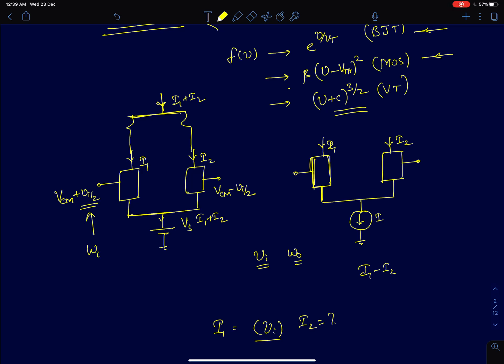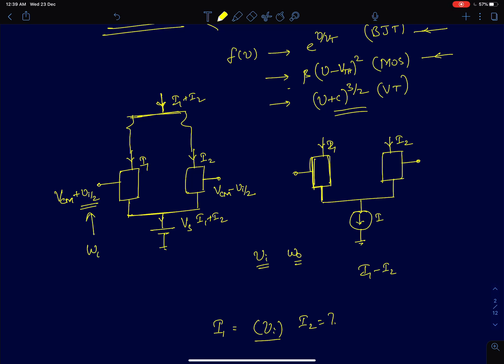And finally, we are also going to understand the frequency content present in the differential current I1 minus I2. Because it's a differential amplifier, we are mainly interested in this term, I1 minus I2. So that's what we are going to study in this lecture for both voltage biased and current biased differential amplifiers.